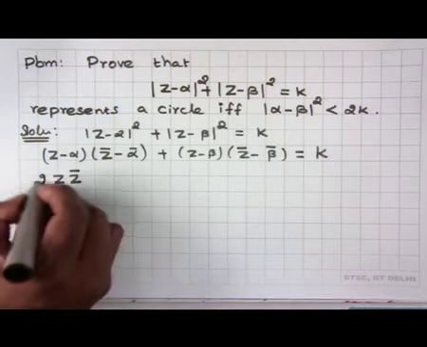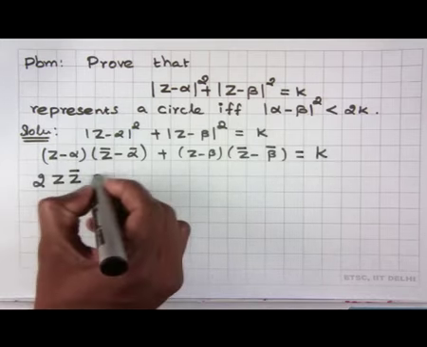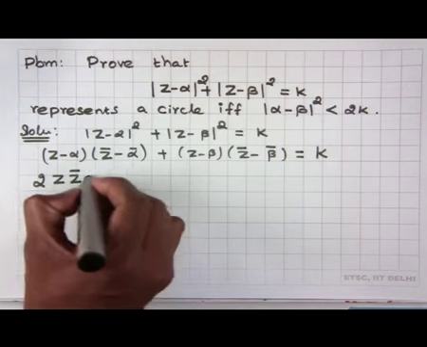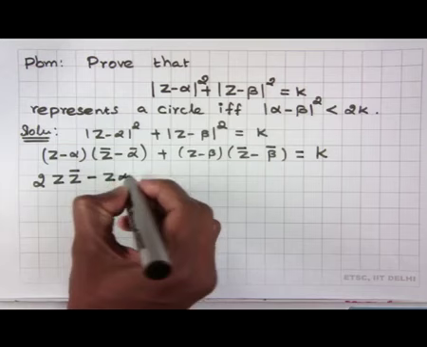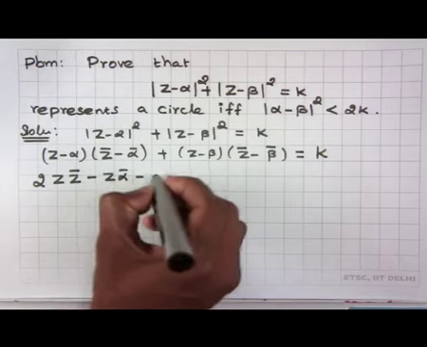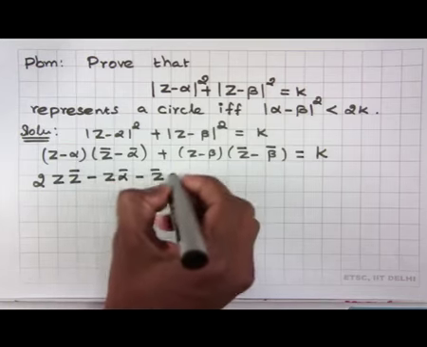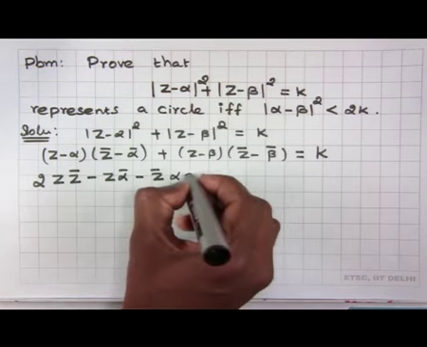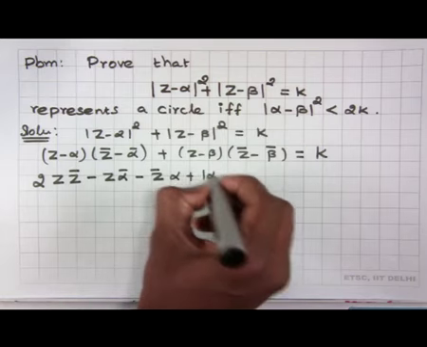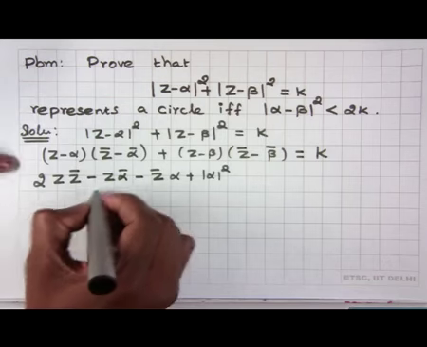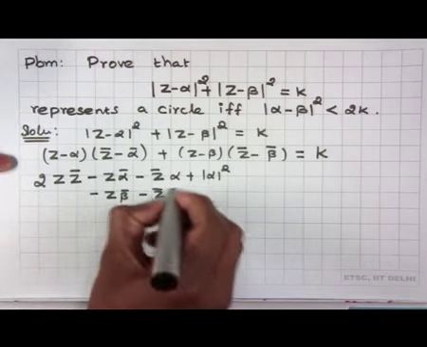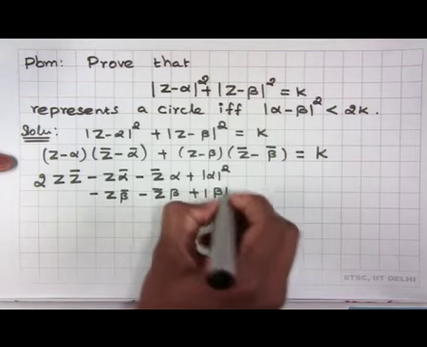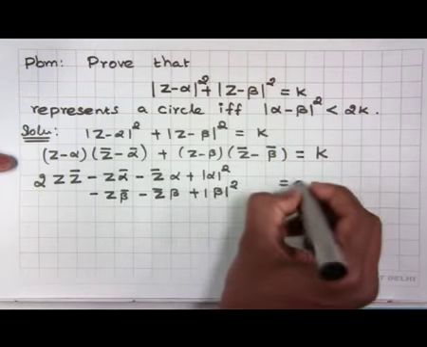So we get 2 z z̄ minus z ᾱ minus z̄ α plus |α|², and the other terms are z β̄, z̄ β plus |β|², which is equal to k.